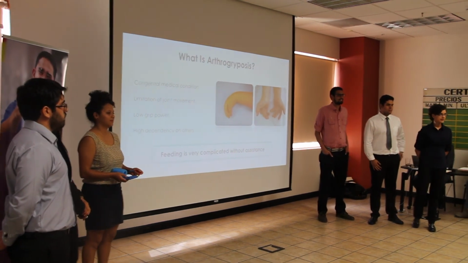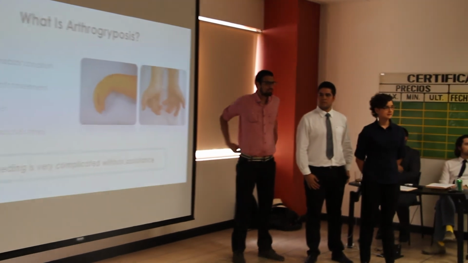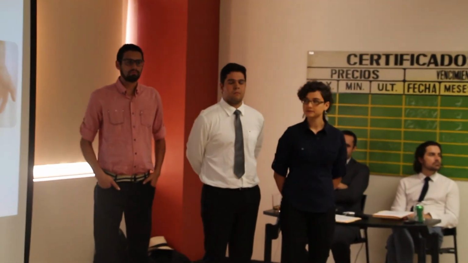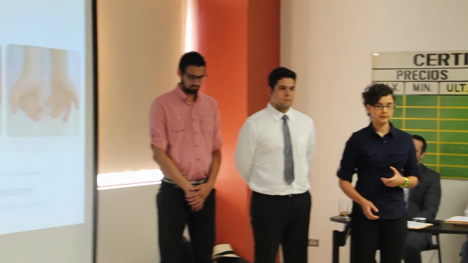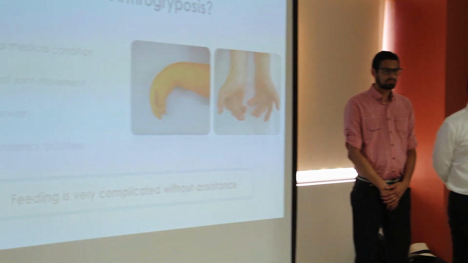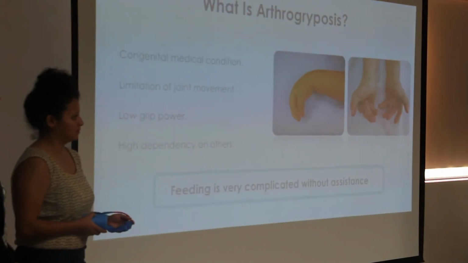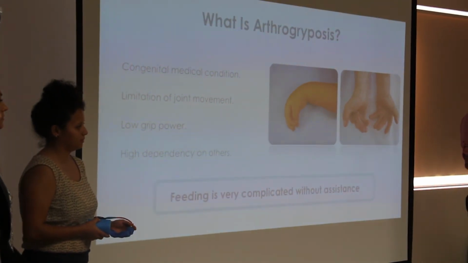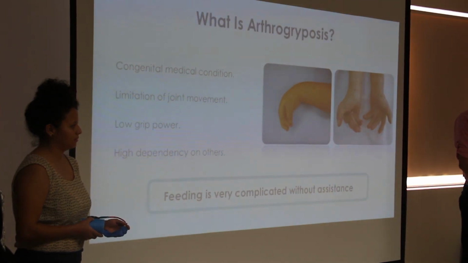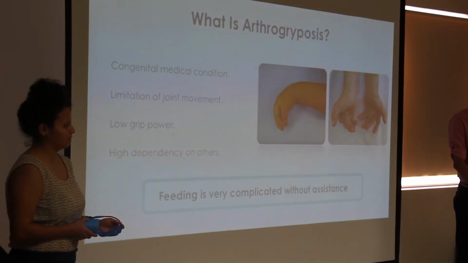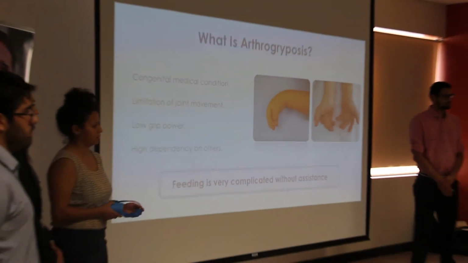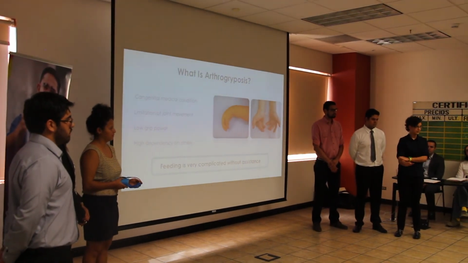Okay, so we have a problem, we have a need. And that need comes from this condition called arthrogryposis. What is arthrogryposis? It is a congenital medical condition that has a limitation of joint movement, as well as low grip power. I invite you to imagine right now how hard it can be to get food from the table to your mouth without flexing your elbow or your wrist with freedom.